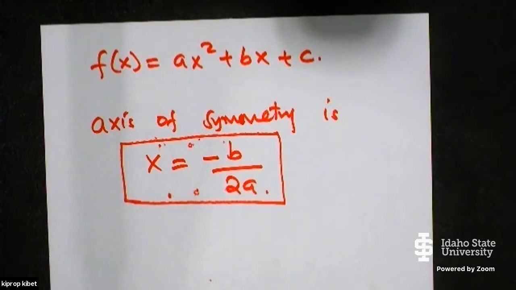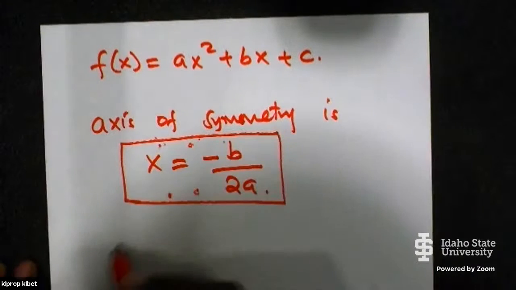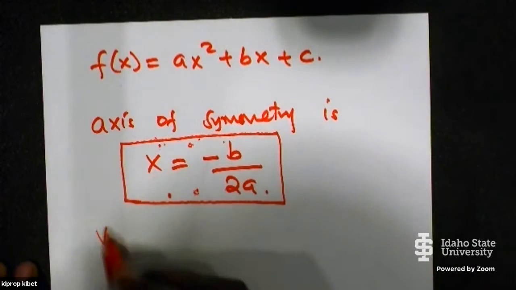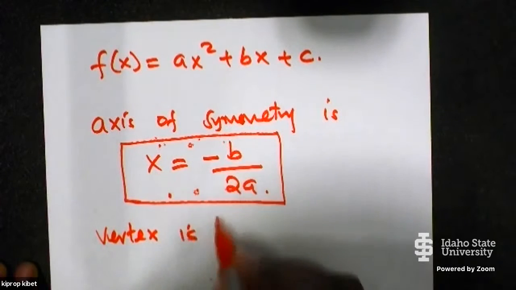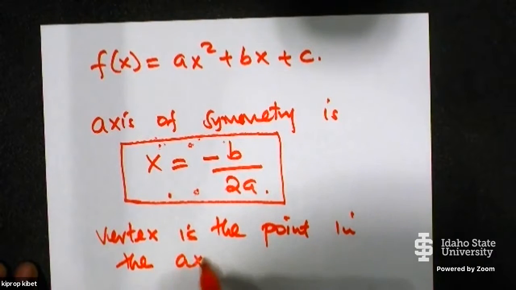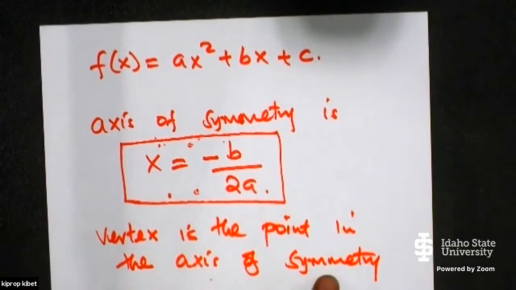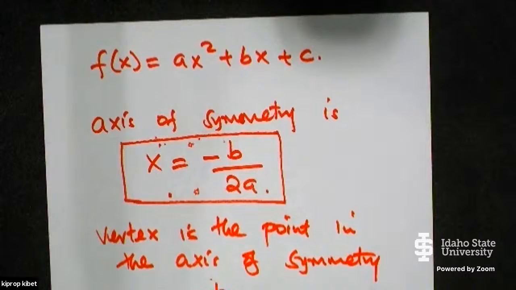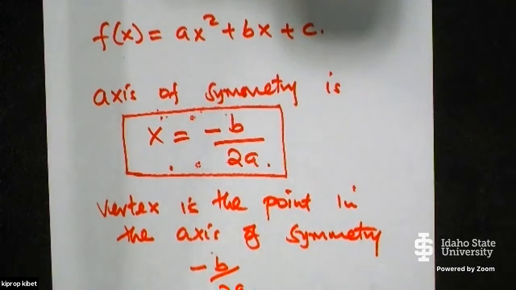Now let's come to the other one, which is called the vertex. The vertex is a point on the axis of symmetry. And the axis of symmetry we said is minus b all over 2a.